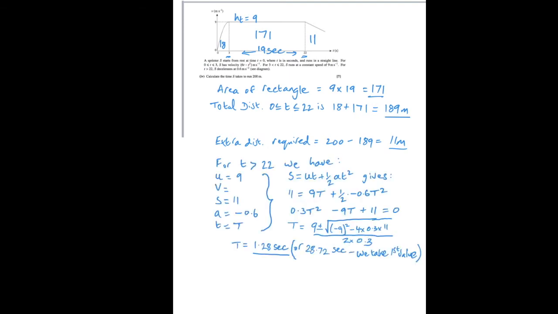Notice that this work yields 2 potential solutions. However, it is the first value of t equals 1.28 seconds that we require. So the total time required to cover the 200 meters is 23.28 seconds as illustrated.